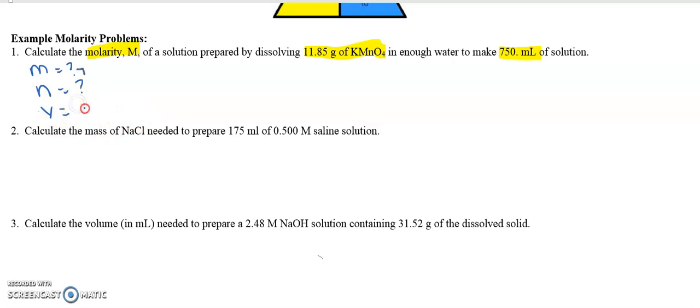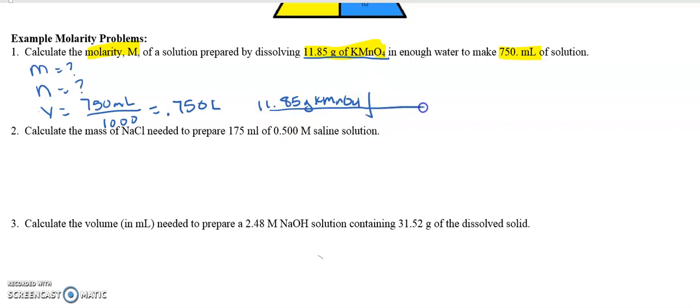So I'm going to take 750 milliliters, and I'm going to divide that by 1,000, and that will give me liters, so 0.750 liters. Okay, so I don't need these two. Now I can find moles, but I have to first take mass and convert it to moles. So I'm going to need to determine the molar mass of potassium nitrate, which we've done before.